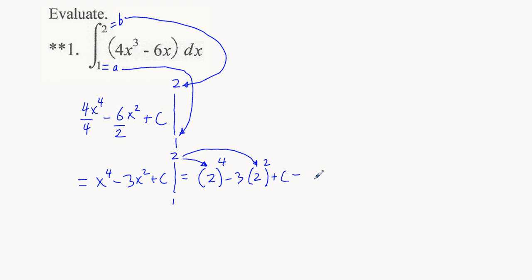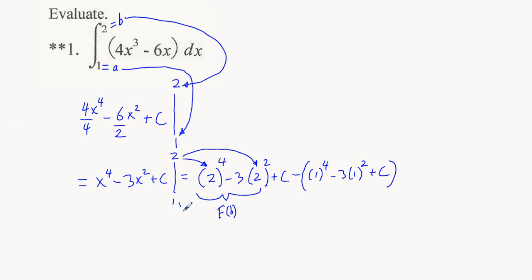And we're going to subtract out, okay, this is going to be our big F of b, and we're going to subtract out, I'm going to parenthesize all this, 1 to the 4th power minus 3 times 1 squared plus c.